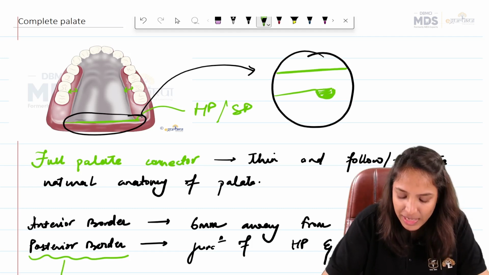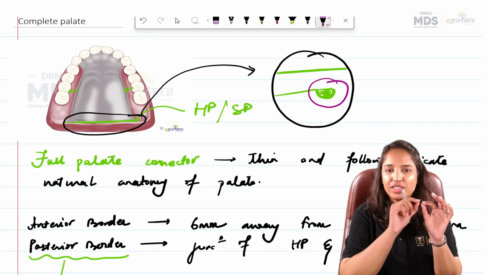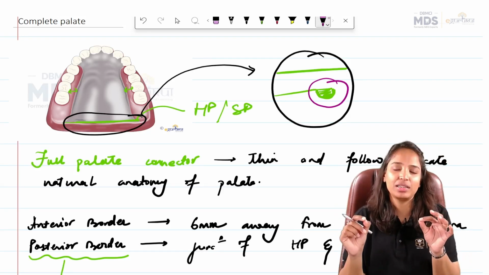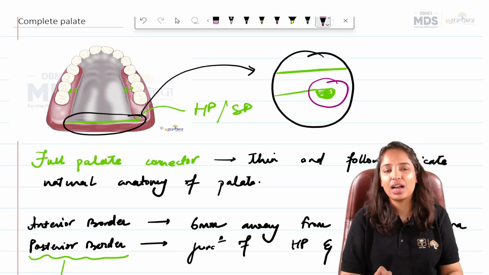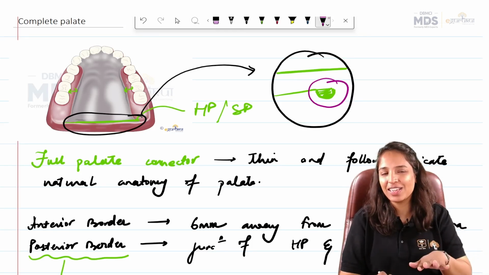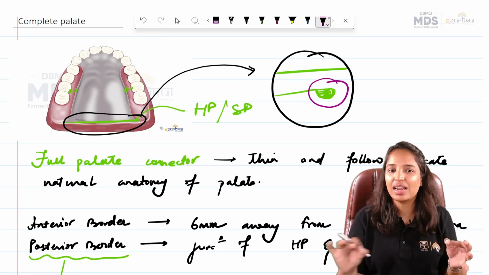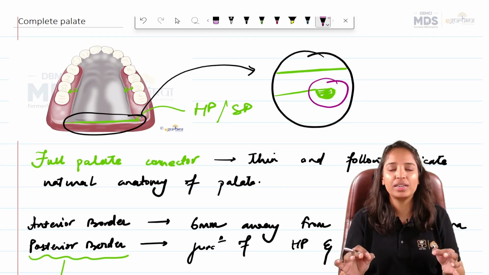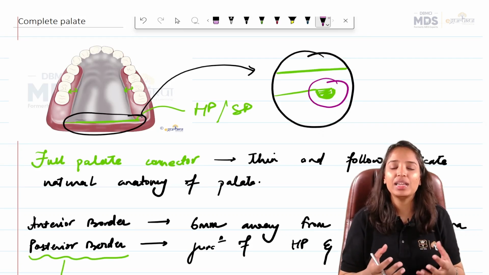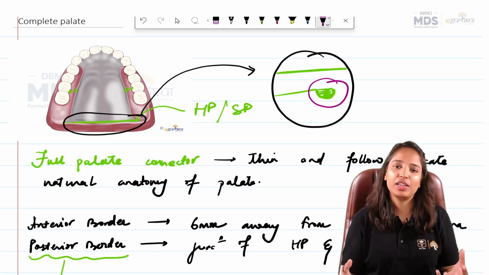So to have that additional bulk or this bead at the posterior border, which is just like a thicker band of metal, you scrape a line in the refractory cast. When you scrape that line, a depression will be created that will be filled by wax, and eventually it will be cast in metal. So it is like a thin line or a thick thread at the posterior border of it. That will help with the beading as well as posterior positive contact of your palatal major connector.